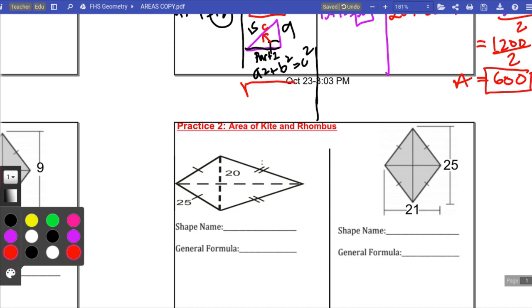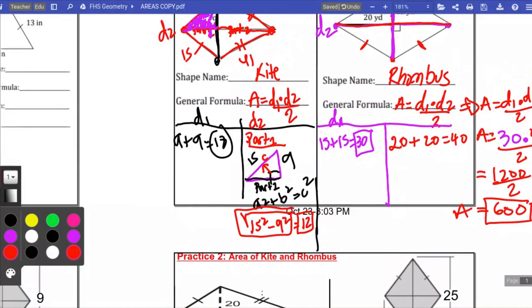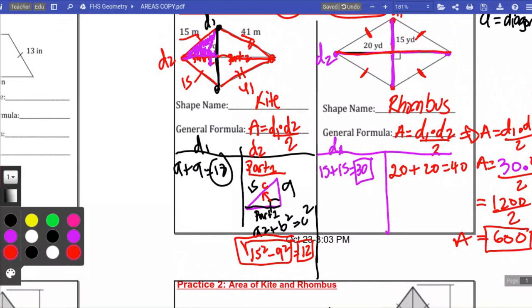You straight plug it in: you start with the c, 15 squared minus the other number from the triangle squared. Put this entire thing in your calculator just the way it is, and the answer that will come up is 12. So D2 part 1 is 12. You can even go back in the triangle and put your 12 right here. Now we've got to find part 2.